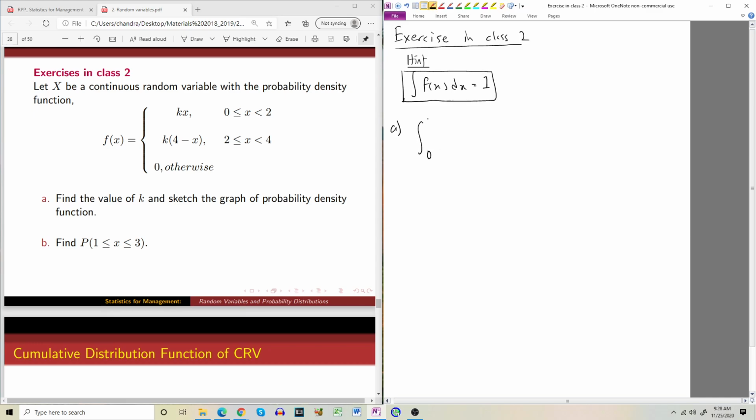From 0 to 2, the function is kx, plus from 2 to 4, the function is given, must be equal to 1. This is the idea.